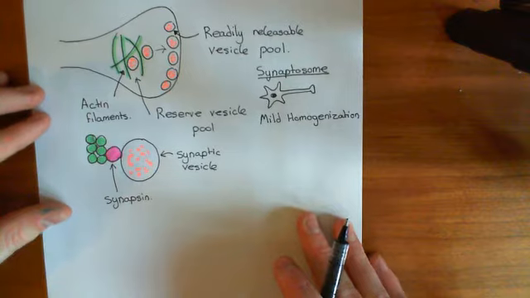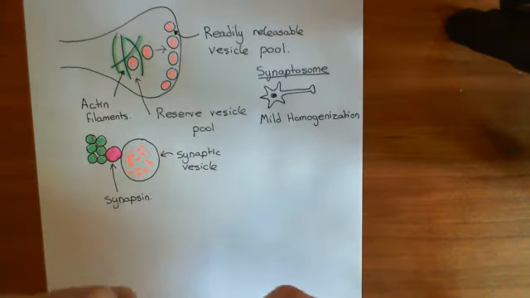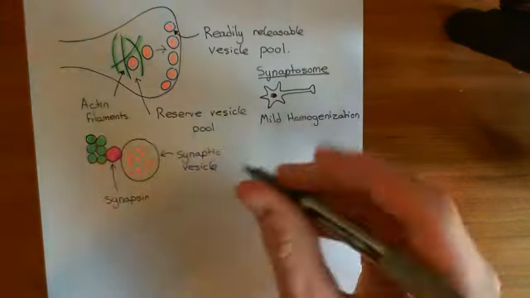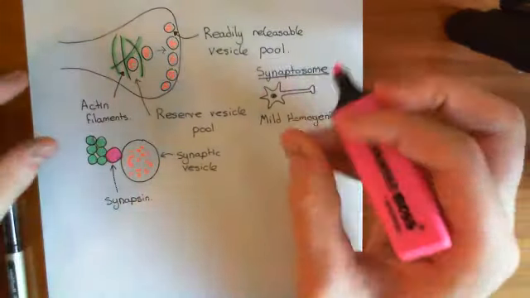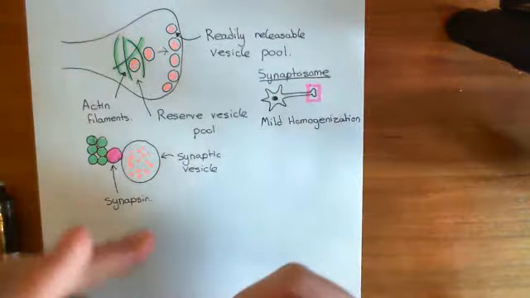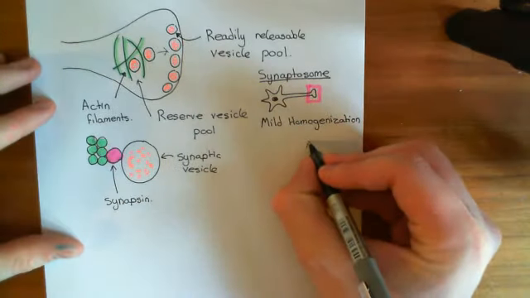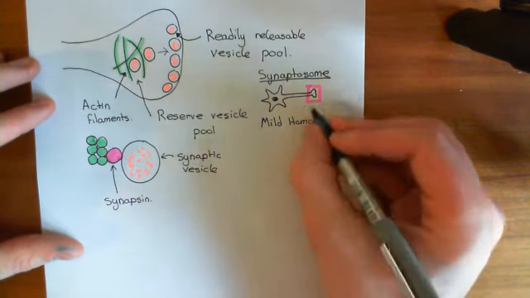And if you do a mild homogenization, what can end up happening is that in the homogenate, which you get at the end, you can end up with these axon terminals. You can end up with an axon terminal on its own, not attached to a neuron. So here's this axon terminal.